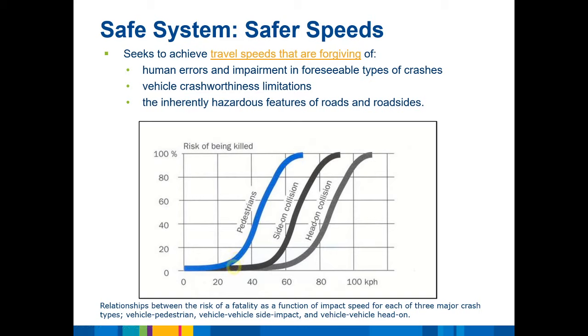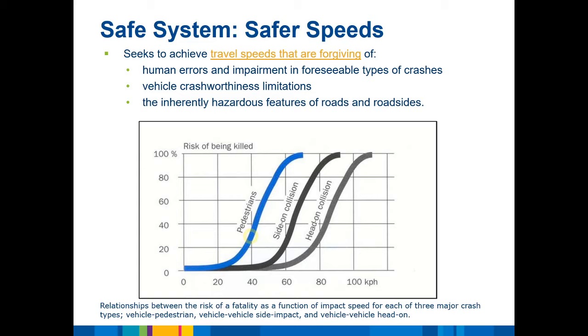crash with a pedestrian. So basically, lots of areas with lots of pedestrians in Victoria are signed at 40 kilometers an hour. But you can see if we increase the speed limit to 40 kilometers, we're up around 30% or more of those vehicle collisions, any collisions with pedestrians, becoming fatal.